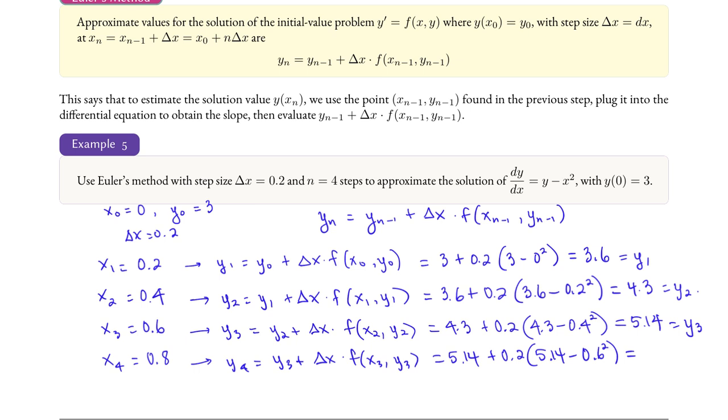Simplifying this, we get 6.1. And so we start with the point (x naught, y naught), using the step delta x, or the increment, of 0.2. Successively, after four steps, we arrive at y sub 4, which is 6.1. This is the estimate of the solution to the differential equation at x equals 0.8.